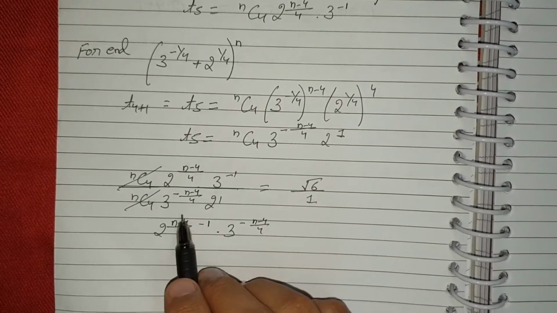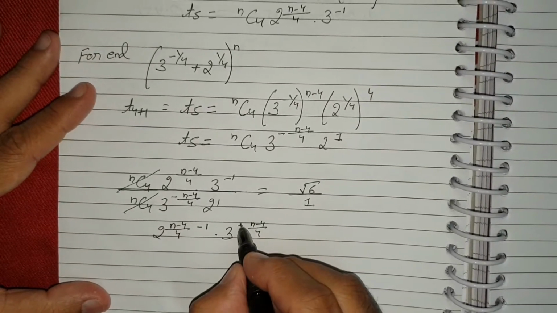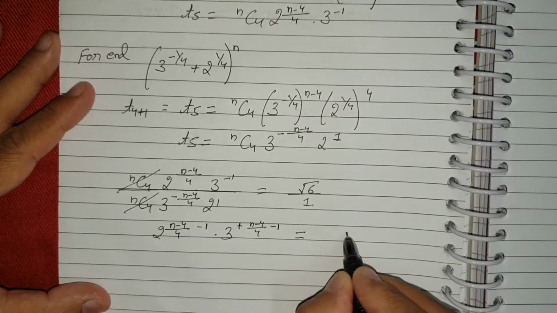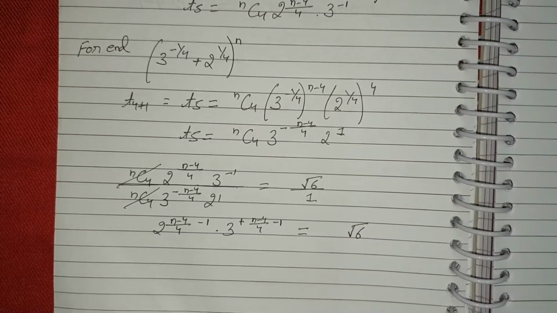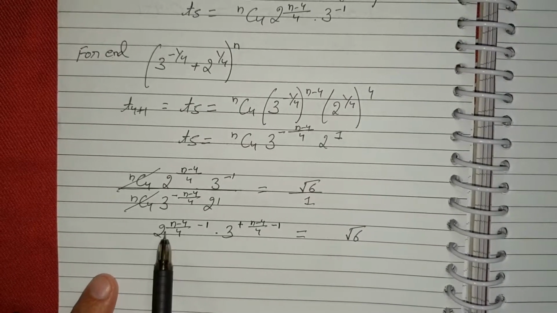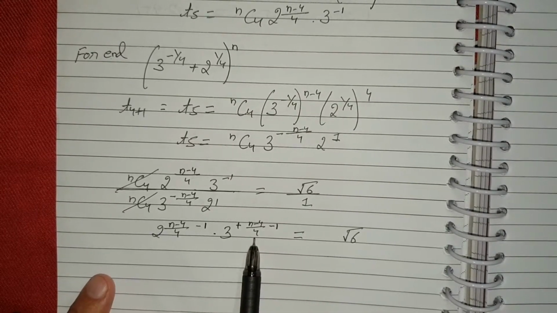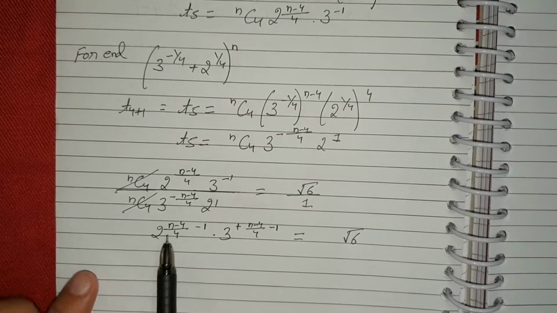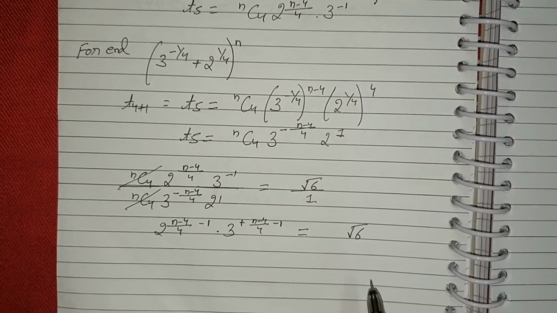So, this is negative, so this will go up, this will be plus and this is minus 1, which equals root 6, because root 6 by 1 you can write as root 6. Now, solving these fractions: (n minus 4)/4 minus 1, (n minus 4)/4 minus 1, that equals root 6.